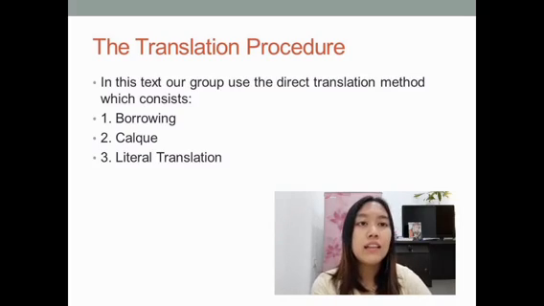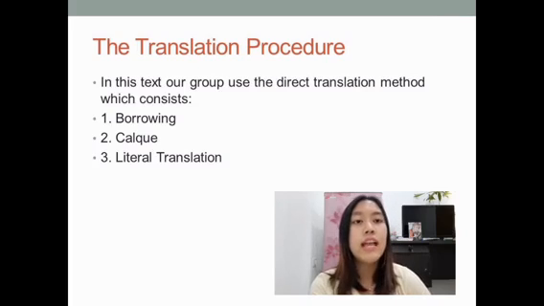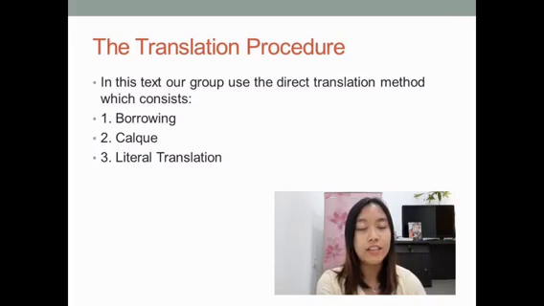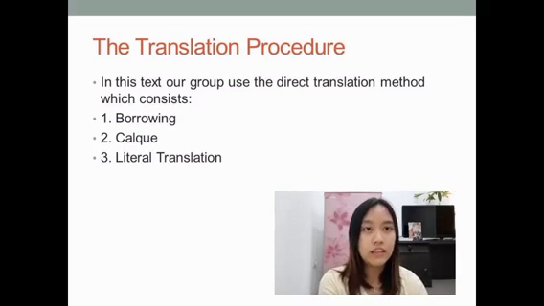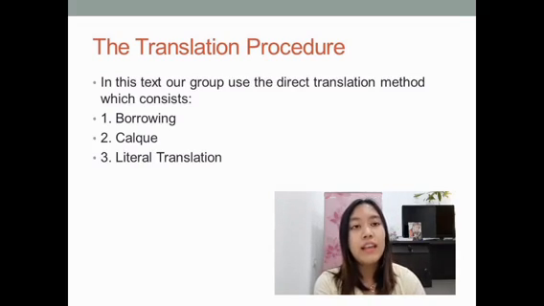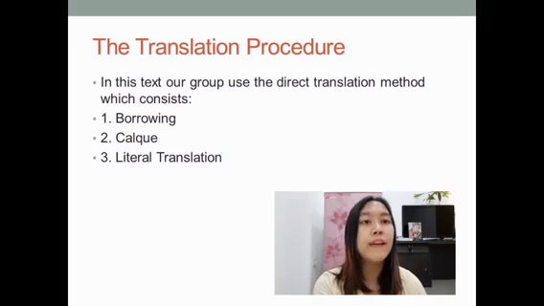It means that the translation uses words that have been translated into the target language. And third, literal. It means that we use word-to-word translation, changing every word according to the target language to convey the meaning.